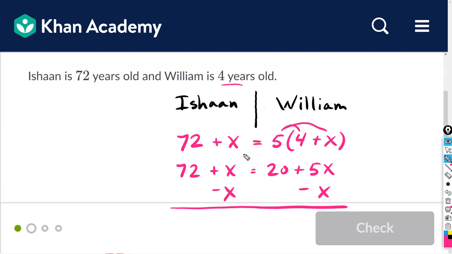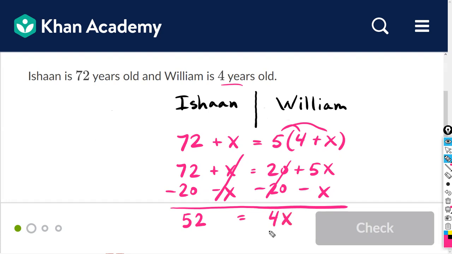Plus X minus X cancel. Okay, and now we want to get the constant term on the left. The opposite of positive 20 is negative 20. We're going to do that to both sides. 72 minus 20 is 52. Bring down the equal sign. 20 minus 20 cancels. 5X minus X is 4X.